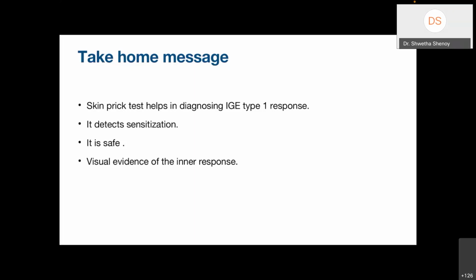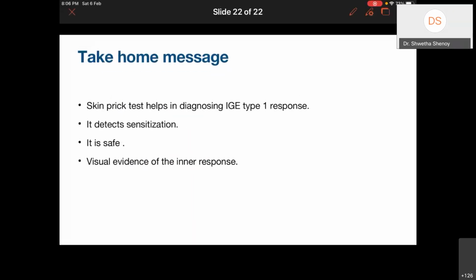It is safe, and visual evidence of the target organ response on the hand makes a lot of difference in the understanding of the disease by the patients or their family. So the presentation is just this much.